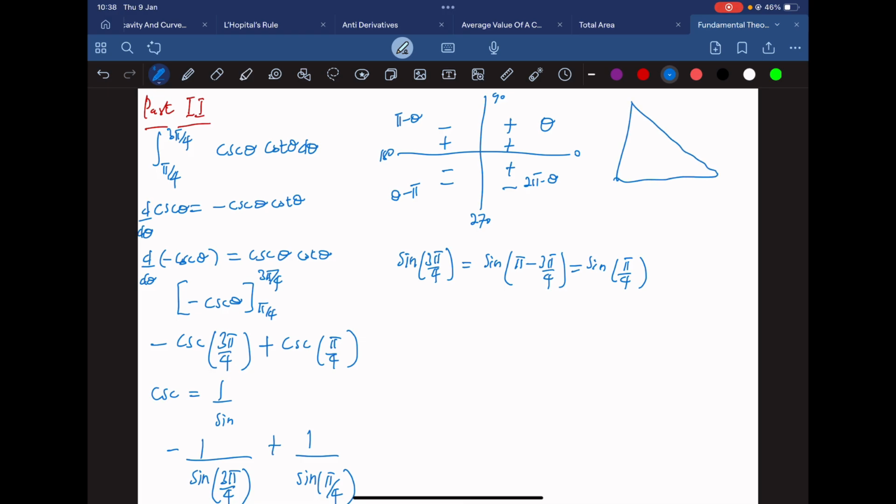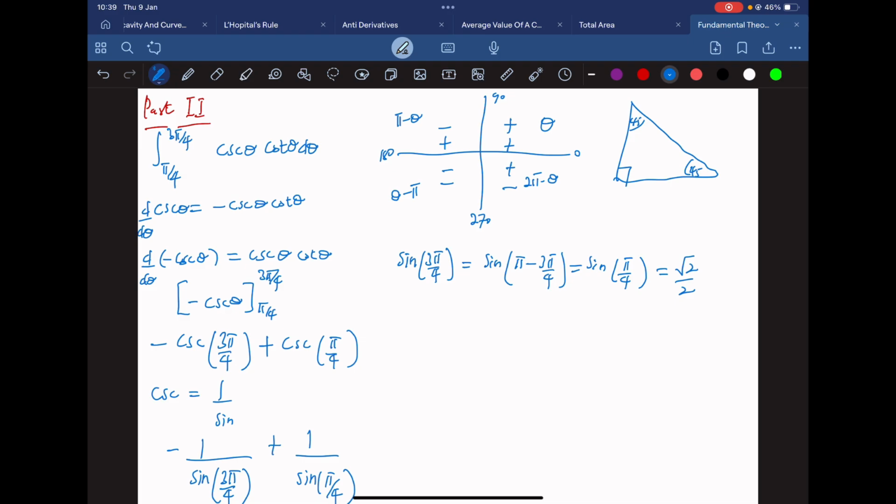Now, we can also use the triangle as we did before. I don't know if you remember this as well. So you can also remember this was 90, this was 45, and this was 45. So you can also use this as well, and this just simplifies to root 2 over 2.